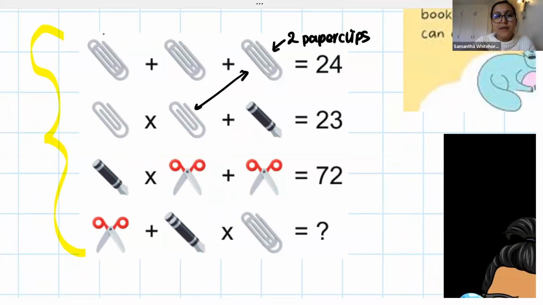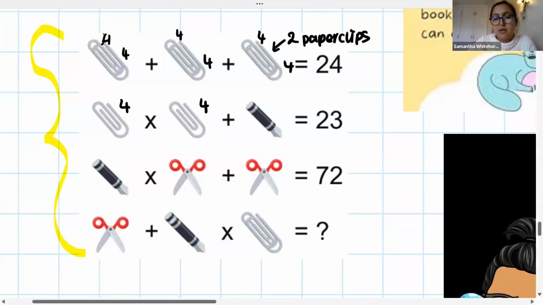There's 2. And so what that means is that each paperclip is 4, because if we add 4 6 times, we get 24. And so then we've got 4 times 4, which is 16. And then to get to 23, we would add 7. And now I'm just doing it, so I'm going to carry on. The pen would then be 7. And then we've got the scissors.